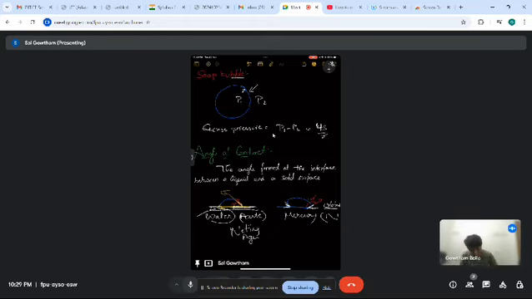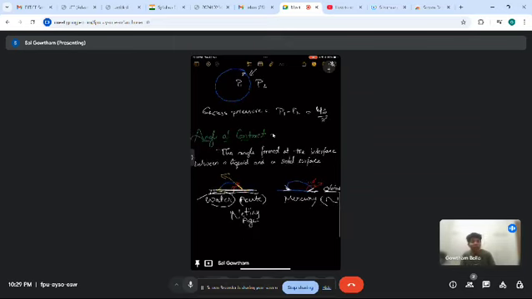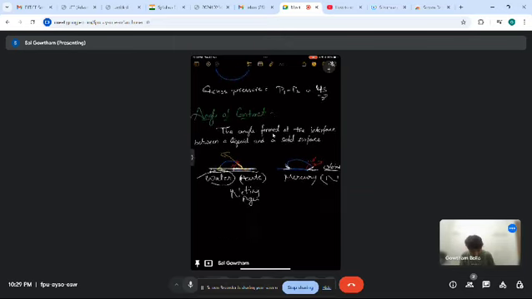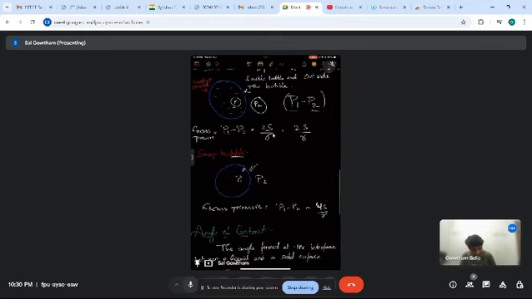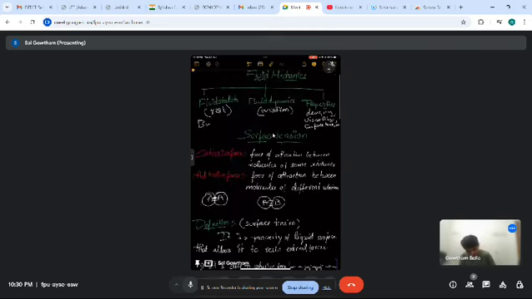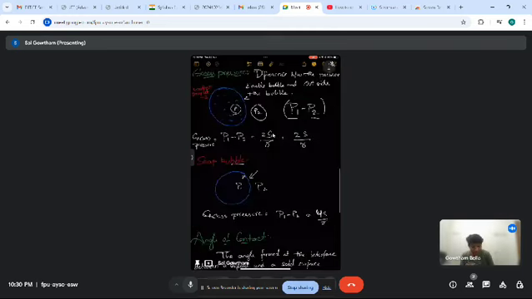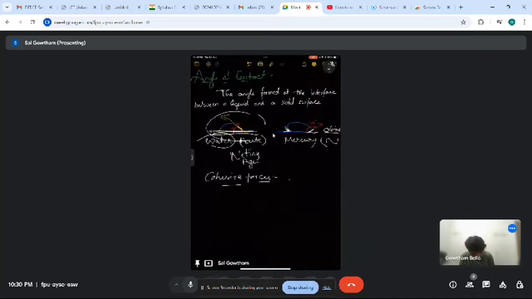So how the angle of contact depends on the cohesive forces: cohesive forces are forces of attraction between the same substance. In water, cohesive forces are very less.